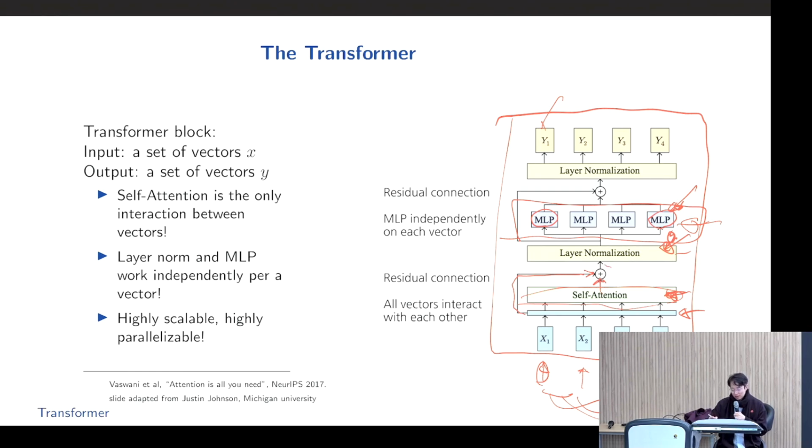This is called the residual connection. You add X and f of X, and the output is X plus f of X. So input comes in, apply self-attention, residual connection, layer normalization, MLP, and here you notice another residual connection, after MLP gets added together, and then you apply second layer norm. That's the original architecture, right?